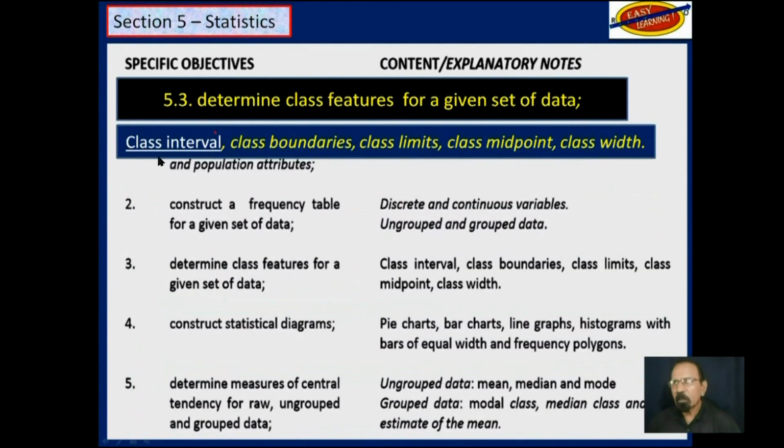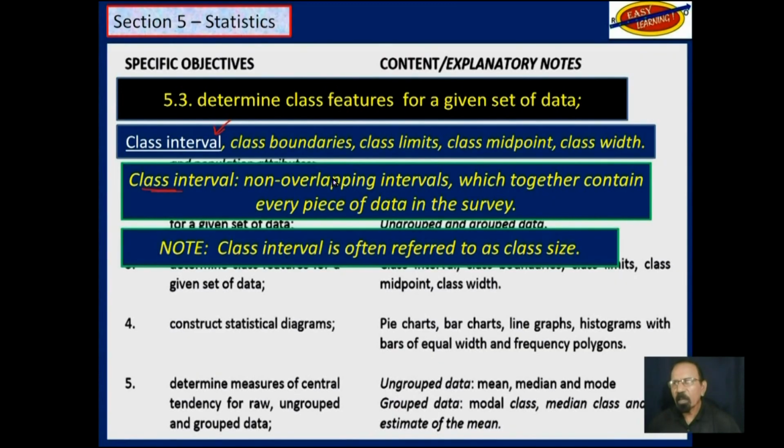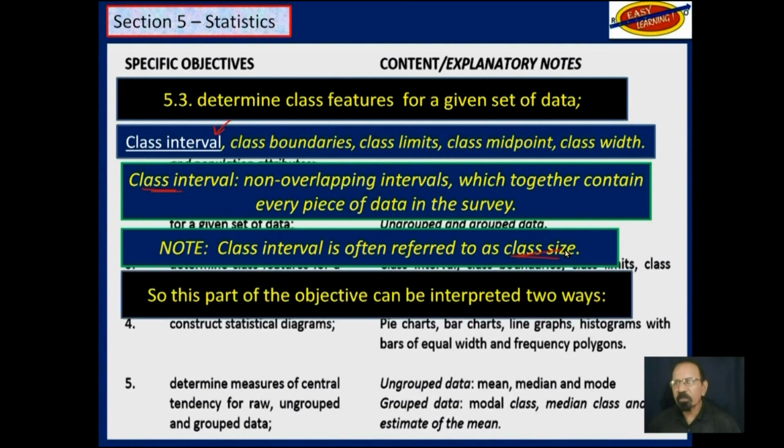Class interval, we will look at some information and data we already used to build on what we previously did. We already defined class interval, and we said that is often referred to as class size.